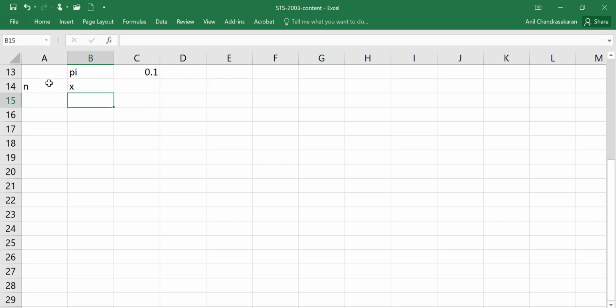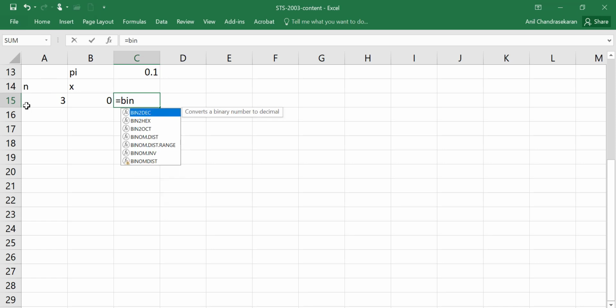And let's look at a situation where we have n is equal to 3 and x is equal to 0. So I will use the binomial distribution function, which is built in Excel, that we have already seen.